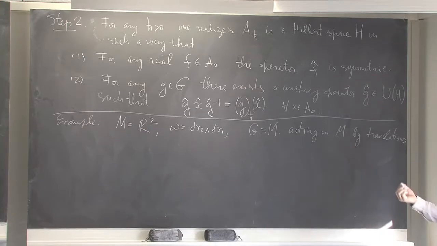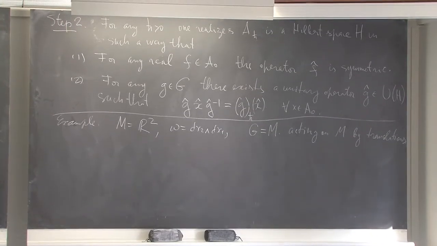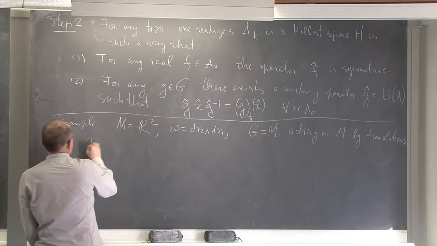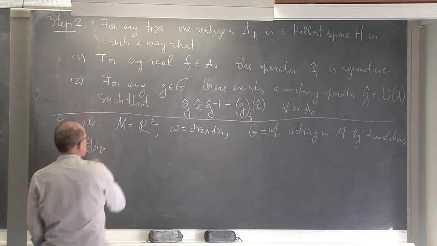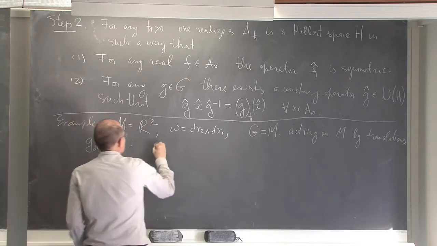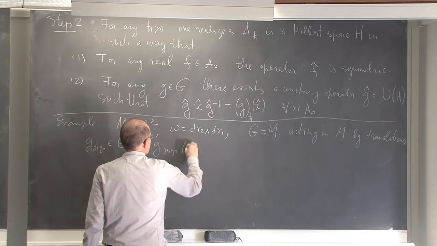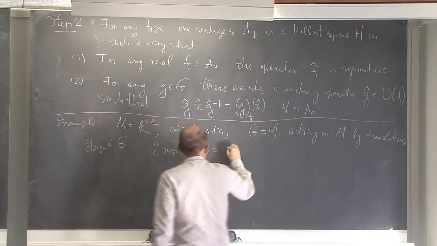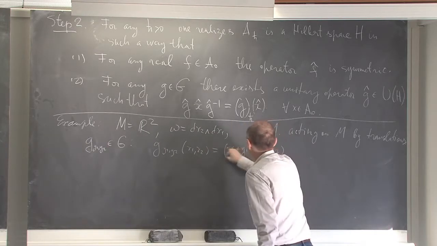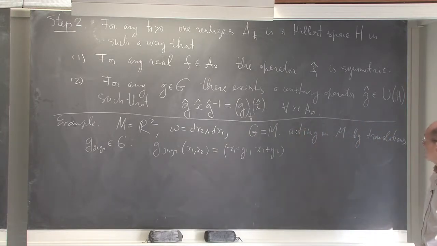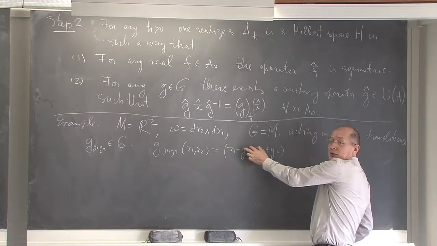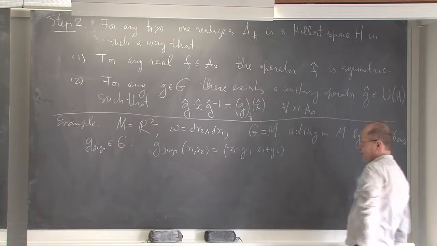So we pick up an initial triple of our objects. And it's easy to see. So let me write it G, Y1, Y2. That's the element of G. And G, Y1, Y2 acts on X1, X2 and gives X1 plus Y1, X2 plus Y2. And it's easy to see that the symplectic form is preserved because the differentials do not see the constant shifts.